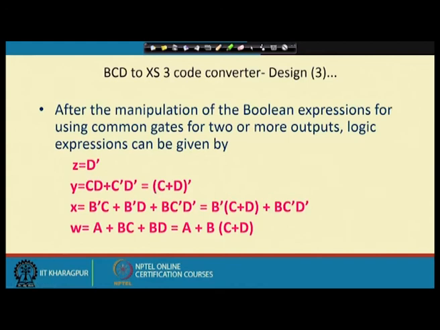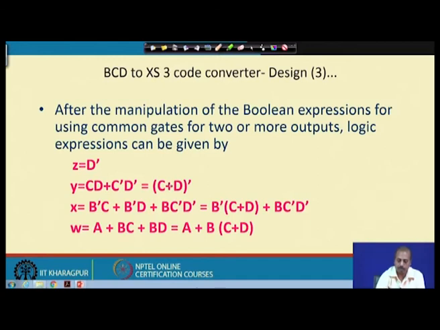Although written as plus, this is actually one XNOR function. Similarly, here B bar C plus B bar D plus B C bar D bar: B bar is common, so it is B bar times C plus D, plus B C bar D bar. The C plus D is an OR gate, and then we can take it in AND with B bar.